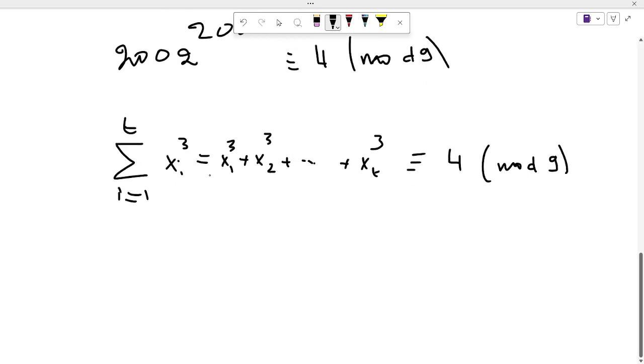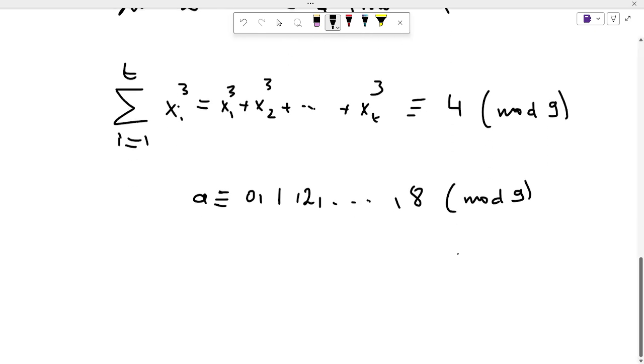Now if we consider each one of these terms independently mod 9, a can be 0, 1, all the way up to 8 mod 9. If we cube this, it's a very useful result you can use in number theory Olympiad problems: it's either 1, negative 1, or 0 mod 9.